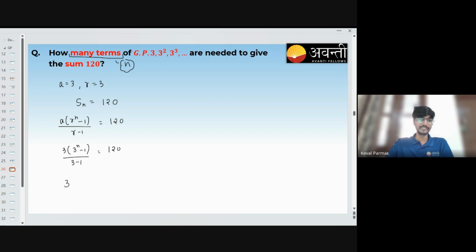That means what is 3 raised to the power n minus 1? I can cancel out here, so this is equal to 80. That means 3 raised to the power n is 81, which is 3 raised to the power 4. So n is equal to 4. This is my answer. Simple.